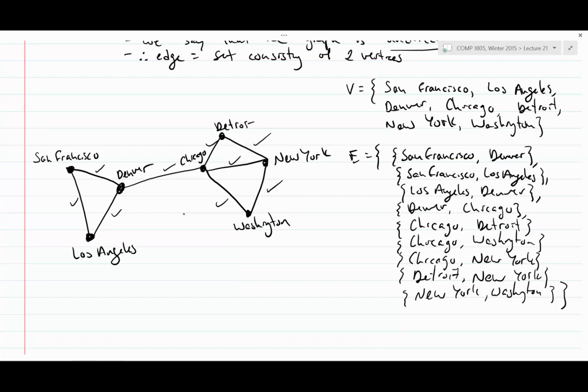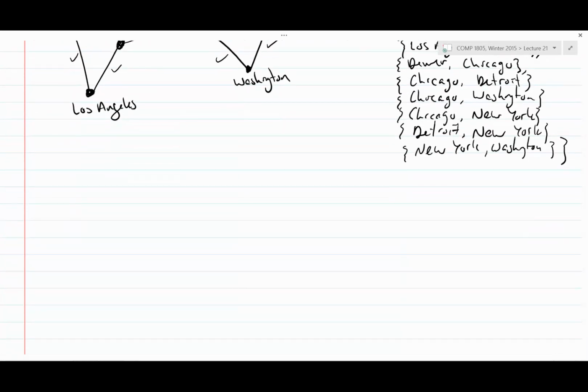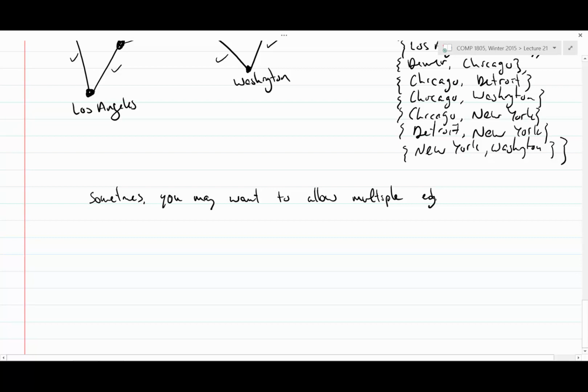All right, so sometimes you do want to allow multiple edges between vertices. That does happen. That's just fine. What you get when you have that situation is called a multigraph.